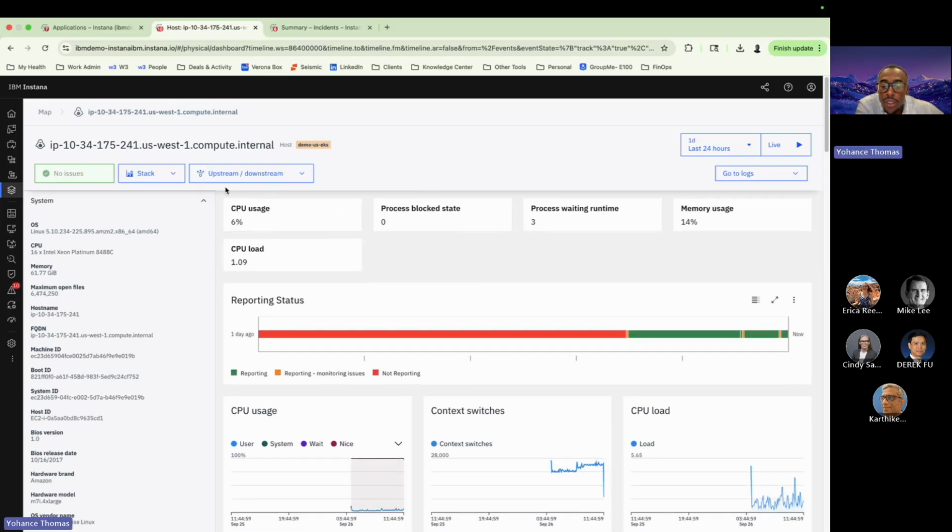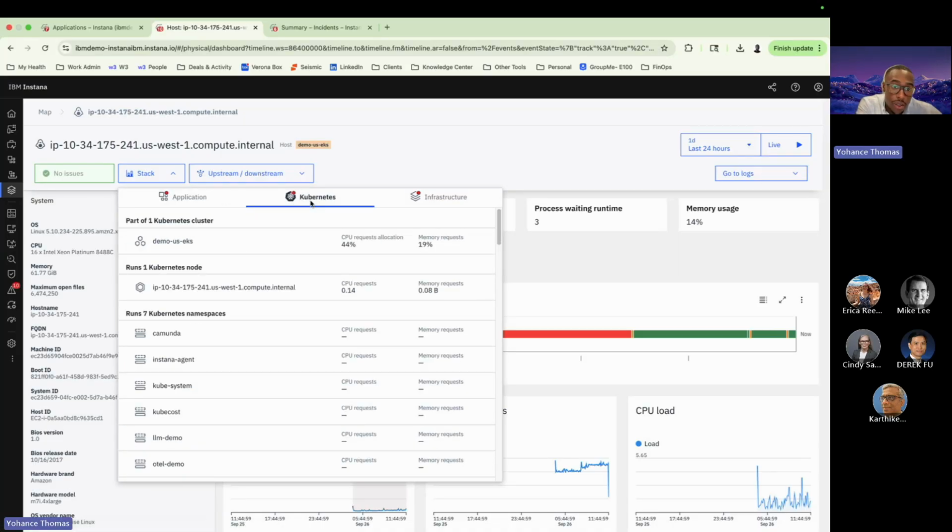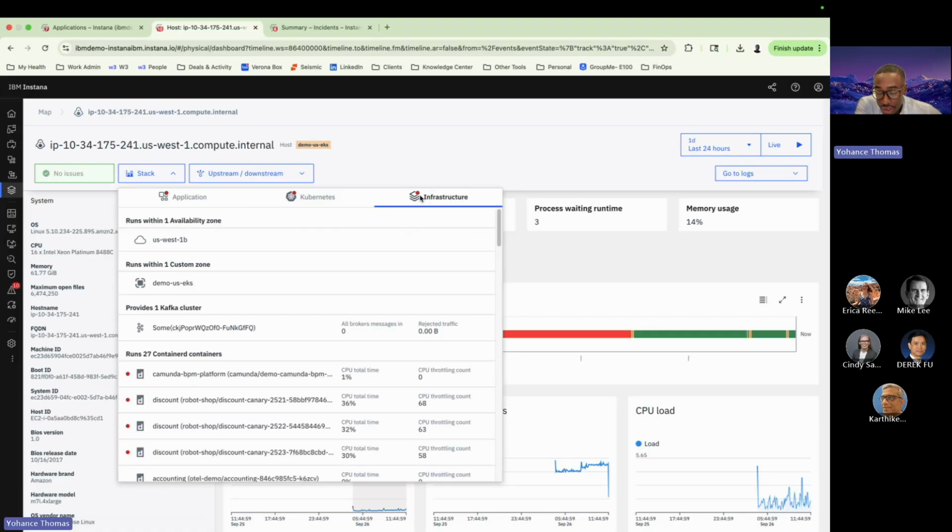Okay, so from here, when we look into context, because that's what's going to be most important, we're able to see how not only the application is affected, but how that is affecting the container level and the infrastructure level.